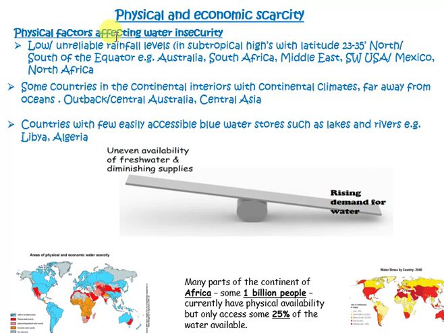Some countries or continents are large and they have large continental interiors, not close to any oceans, and they have what's called a continental climate. Depends on latitude again, but generally speaking, continental climates tend to be drier than maritime climates.